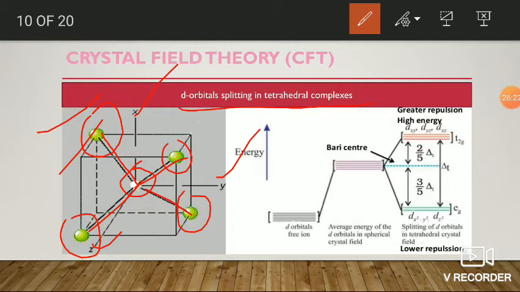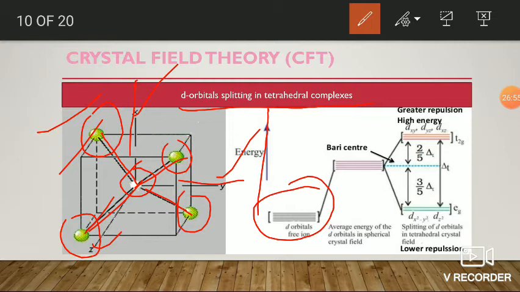So the d orbitals which are located in between the axes get more energy. The d orbitals which are located along the x, y, z axes get less energy. So it is quite the reverse of the octahedral complex splitting. Here the scale indicates energy value. In the case of a free metal ion, all five d orbitals are in a degenerate state and have lower energy.